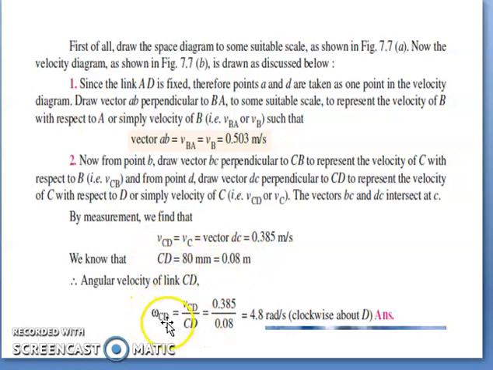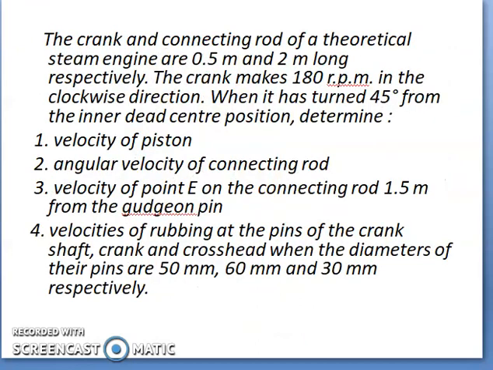So from that you can find out omega CD is equal to velocity of CD divided by CD, that is the length of the link CD. You can find out what is the angular velocity of the link CD.